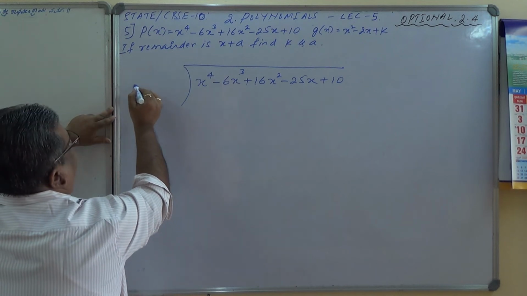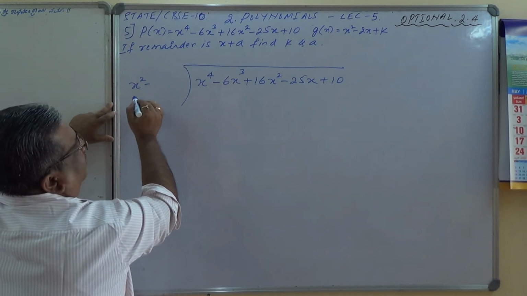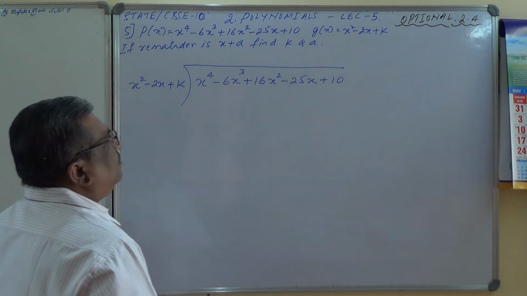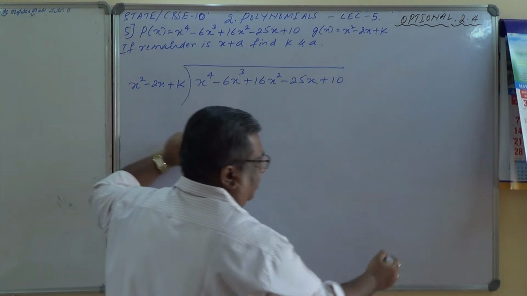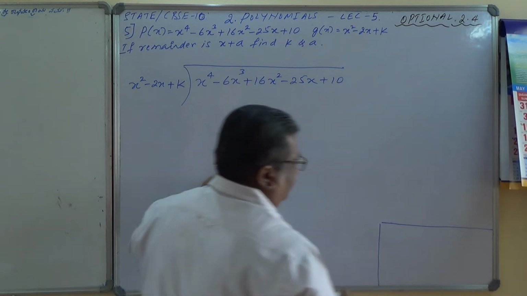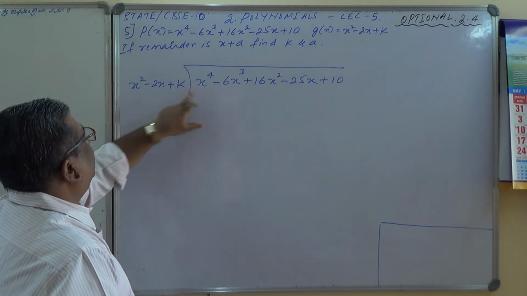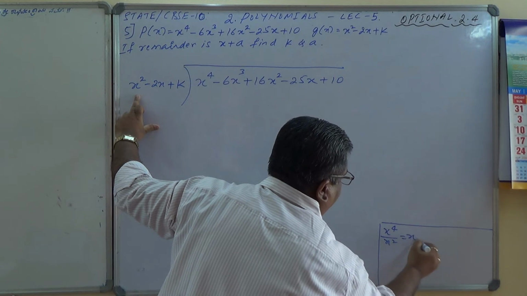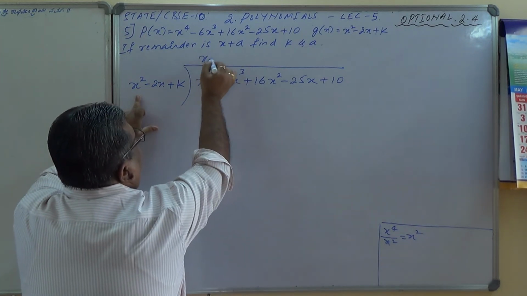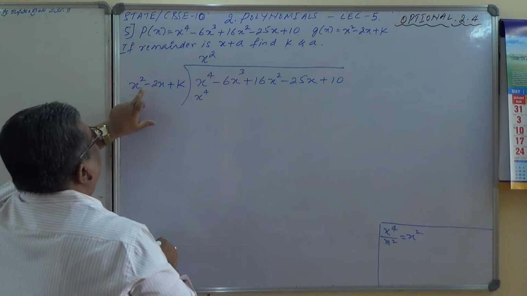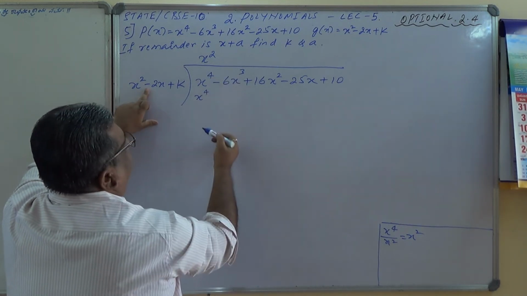G of x is x square minus 2x plus k. Terms of the quotient, I'll work out in the rough here. Without the terms of the quotient, I'll never work. X to the power 4 divided by x square, which is x square.